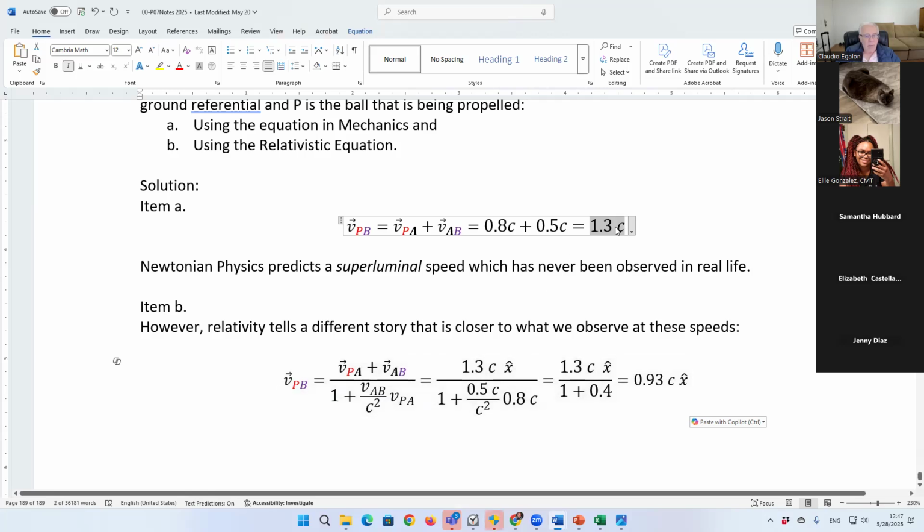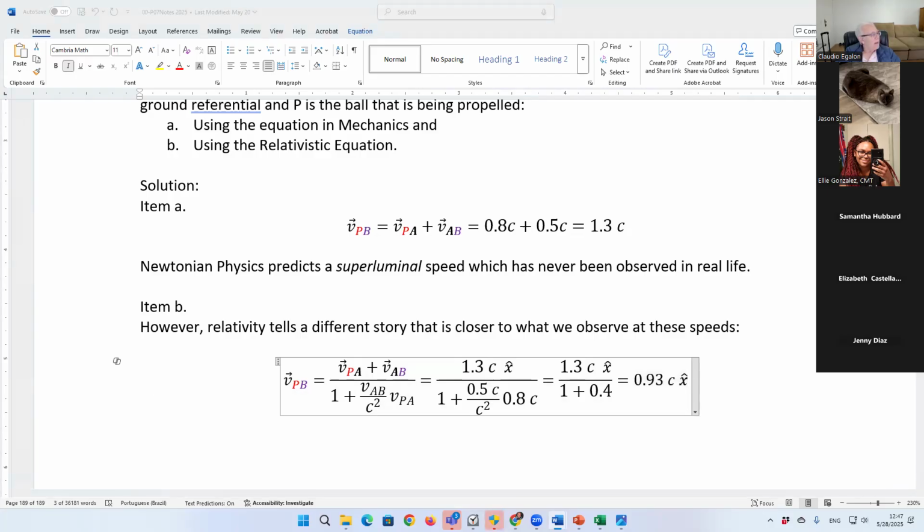And instead of a superluminal speed, you get 93% the speed of the light. That's the important difference between relativity and Newtonian mechanics.